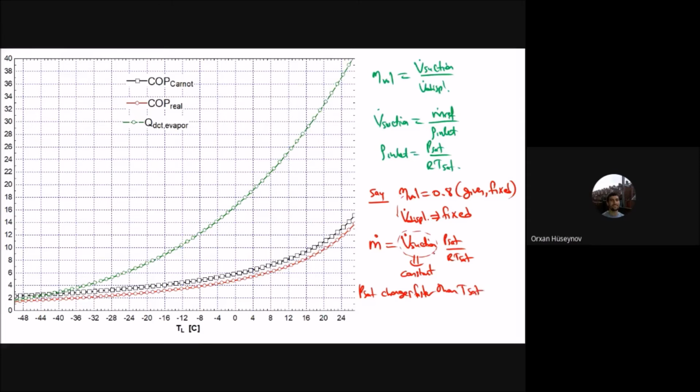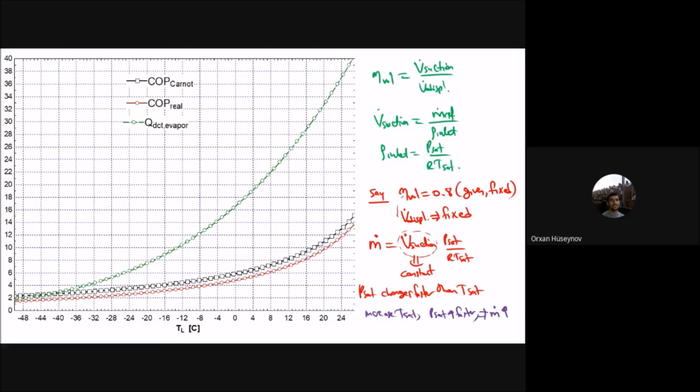Okay. So what it means is that if I increase the saturation temperature here, since the P saturation goes up faster than that one, the mass flow rate will increase. Therefore, what you will have is that m dot increases.